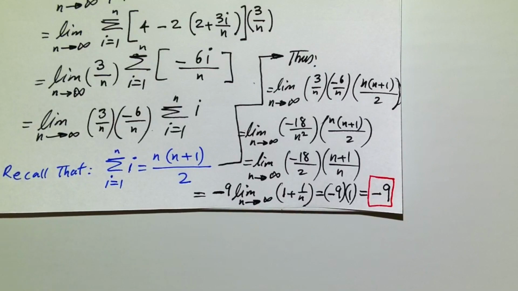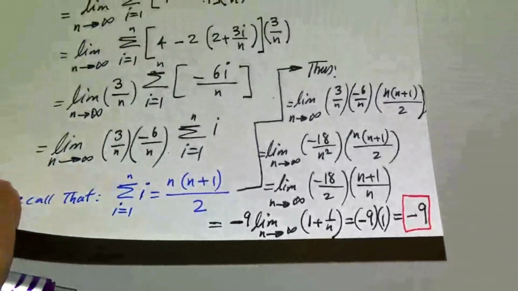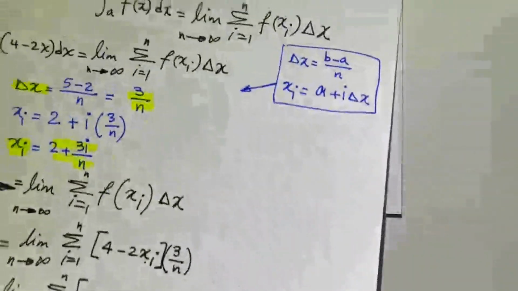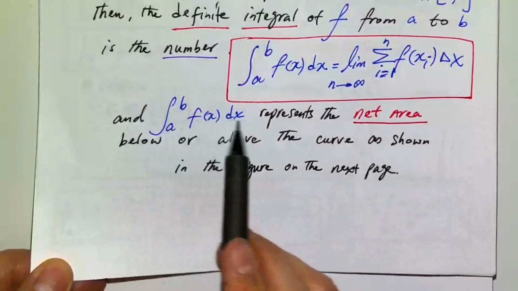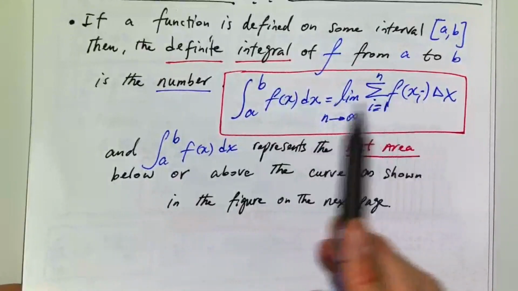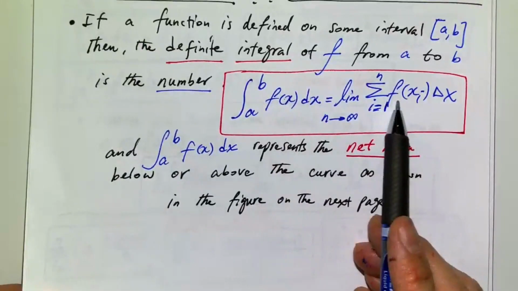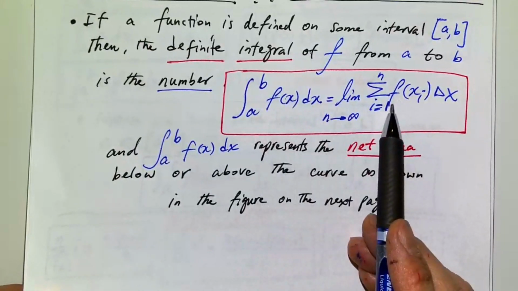So that's calculating the definite integral using the definition. Let's use the area, because earlier we said that the definite integral is also equal to the net area. It was one of our first slides, actually the first slide. That's the definition of the definite integral, which we casually mentioned on the first page.